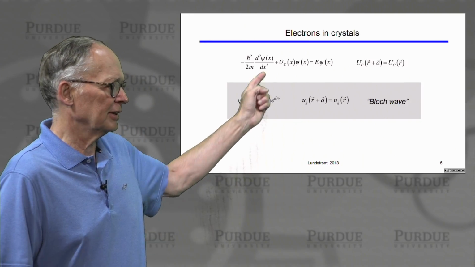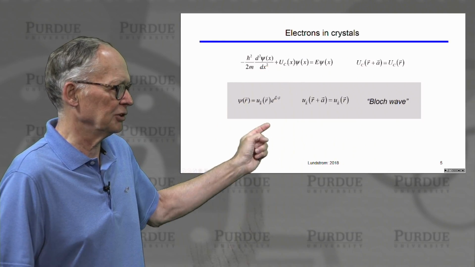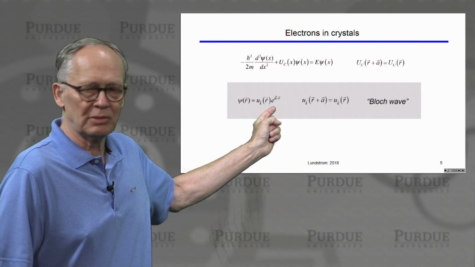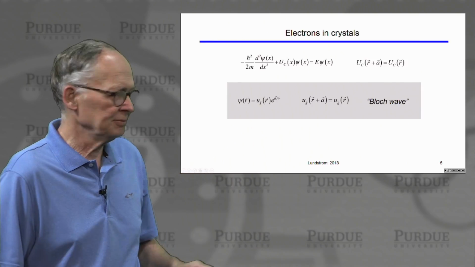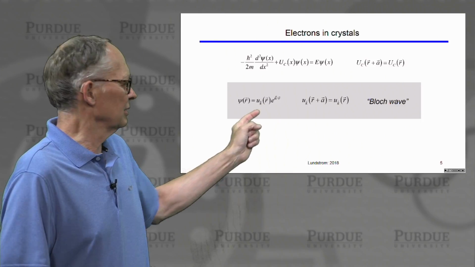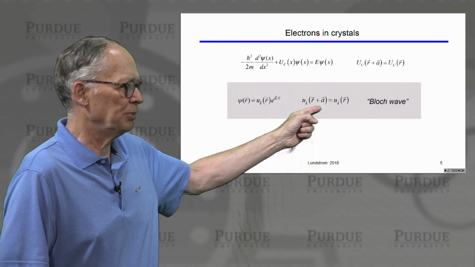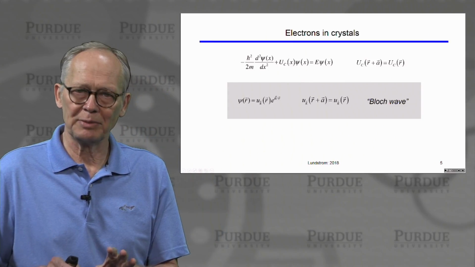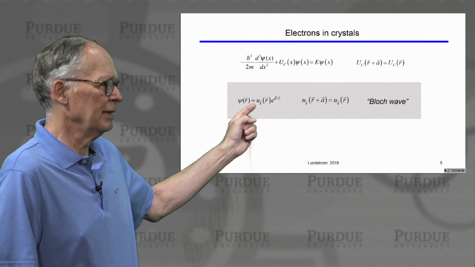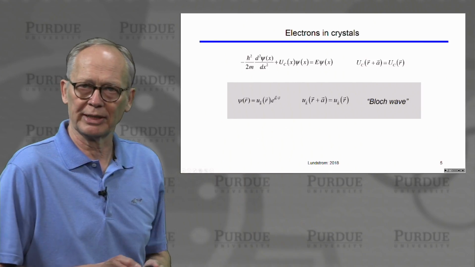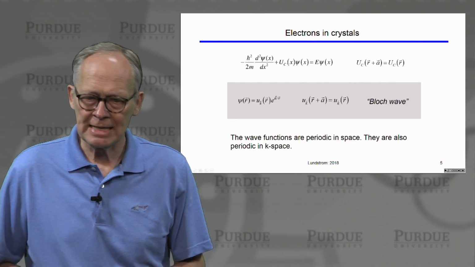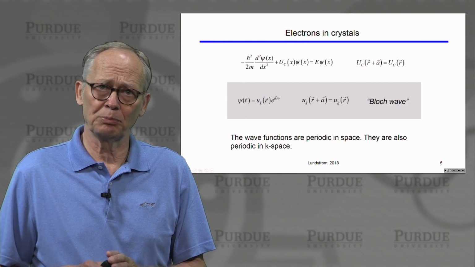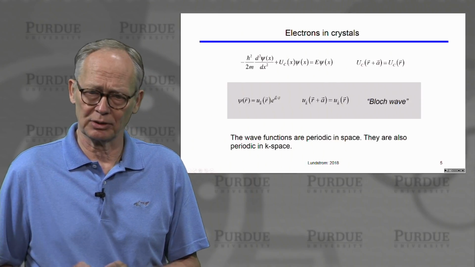The solution to this equation with a periodic potential is a periodic component times a traveling wave that we've seen earlier. The periodic component, we call the Bloch function, has the periodicity of the lattice. So the solutions may be complicated, but they have this form, a periodic part times a plane wave. Okay. The wave functions then are periodic in space. It turns out that they're also periodic in k space or reciprocal space.